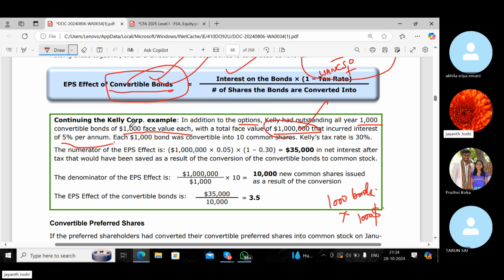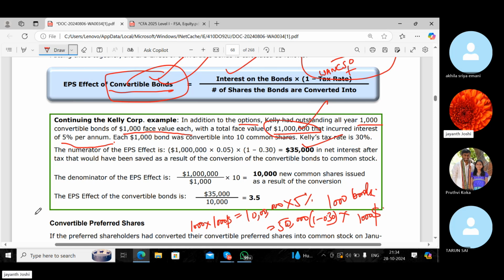So when I calculate the interest, it would be 1,000 into $1,000, which is 1 million or 10 lakhs or whatever, into 5%, which would be $50,000 as the interest. But it is multiplied by 1 minus tax rate 0.30.